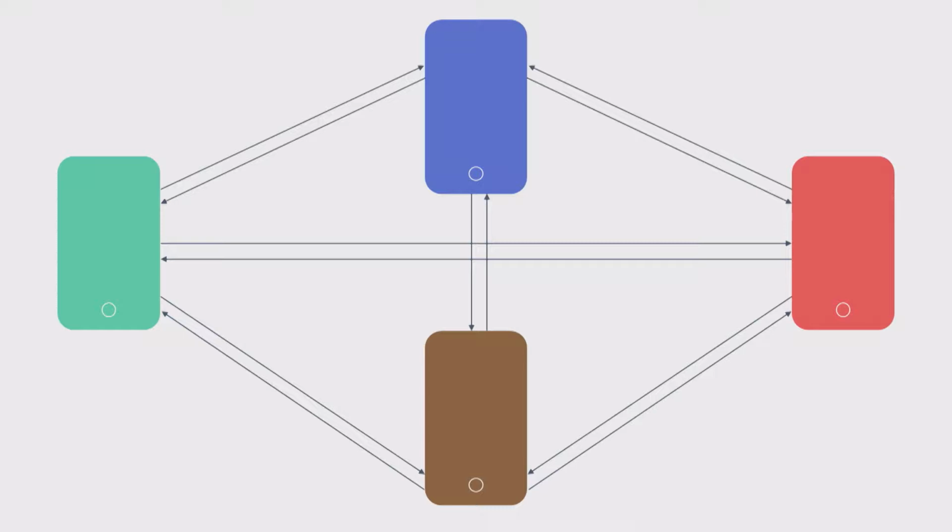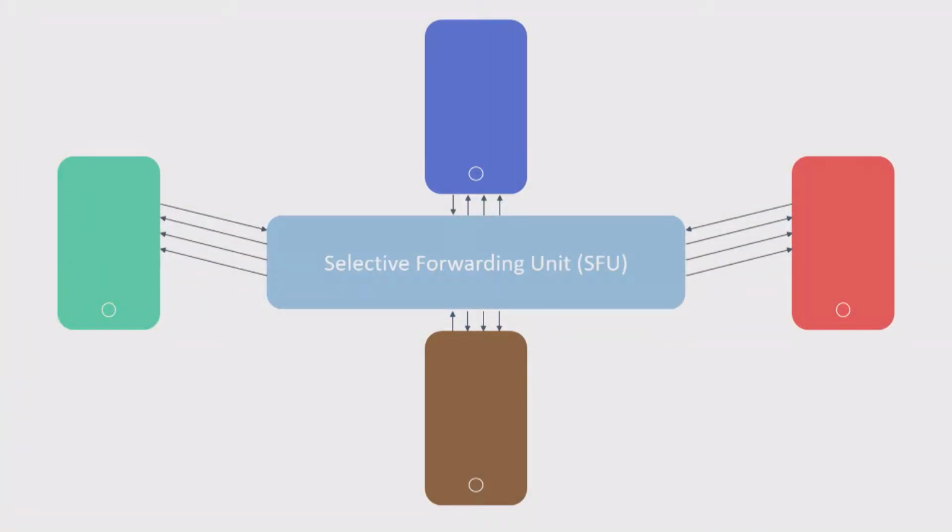However, this doesn't scale well when you have more people in the group chat, and our product allows up to 4 people to converse with each other. Because the uplink is precious, and we want to give people the ability to ingest the best quality they can provide, this doesn't really scale well. A common practice to avoid uploading content to every single participant is using a selective forwarding unit.